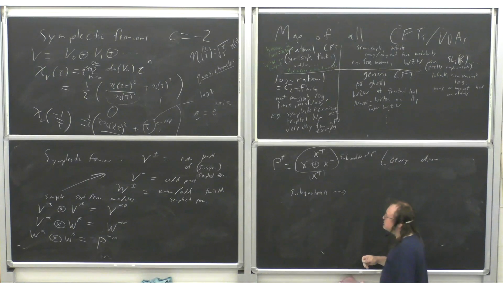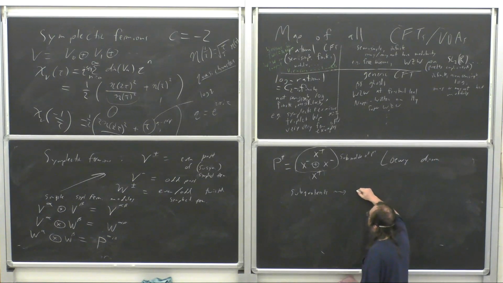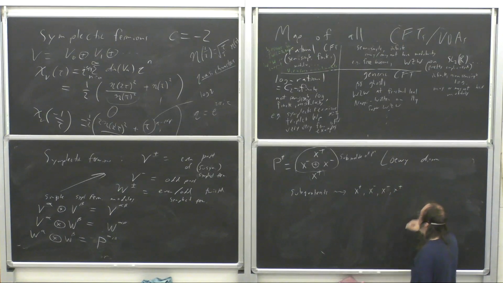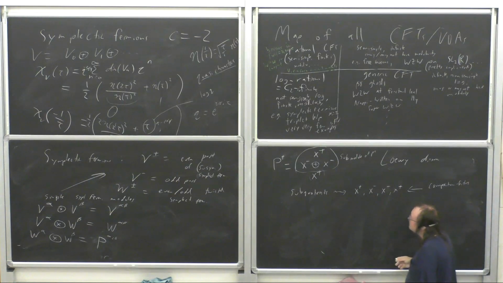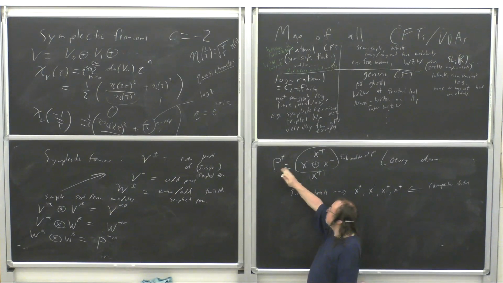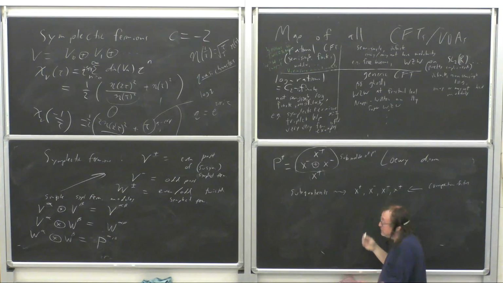So taking quotients of submodules eventually gives you down to x plus, x minus, x plus, x minus. Who cares the order? These are called composition factors. And so anytime you have a module, you always have composition factors. Your composition factors will always be simple.